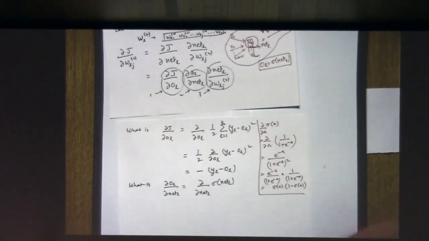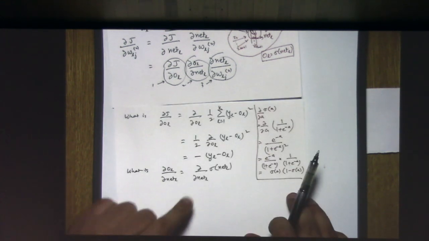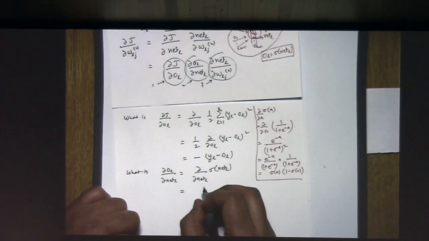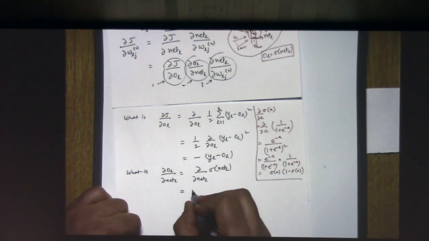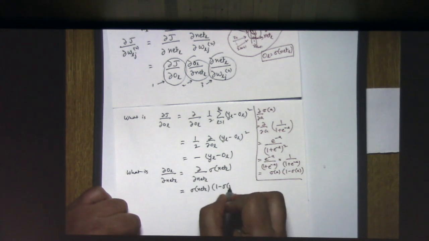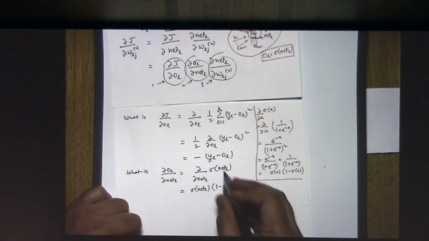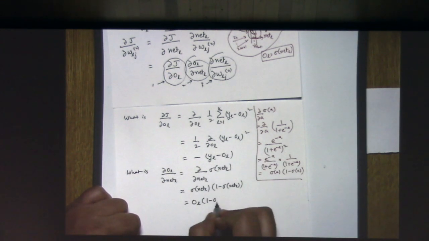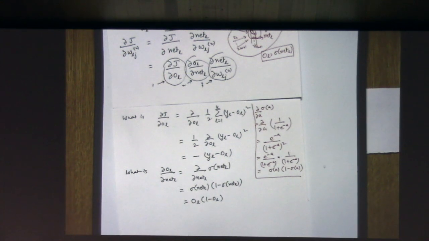That's just a property of a sigmoid function. There's nothing to it really, but that lets us write it in a very simple way, which means that this is nothing but sigmoid of net_L times 1 minus sigmoid of net_L, and sigmoid of net_L is actually O_L. So I'm just going to write it as O_L times 1 minus O_L. All right, so this is the second result.